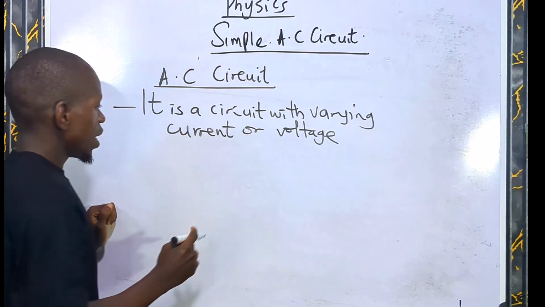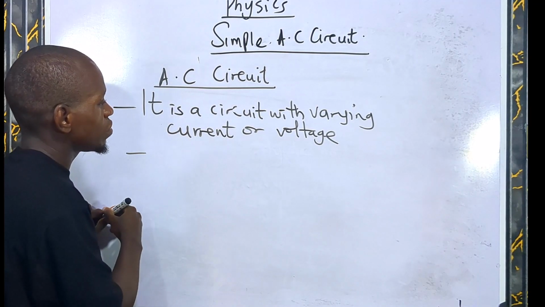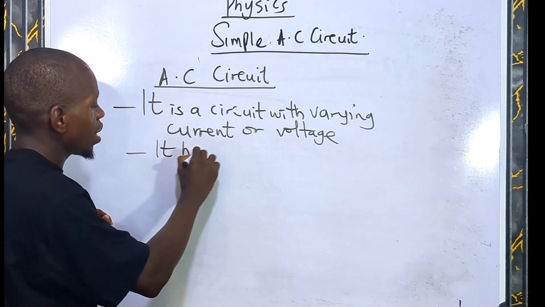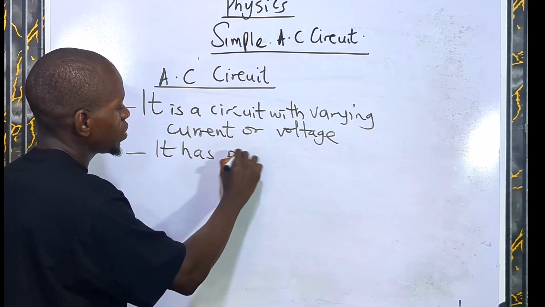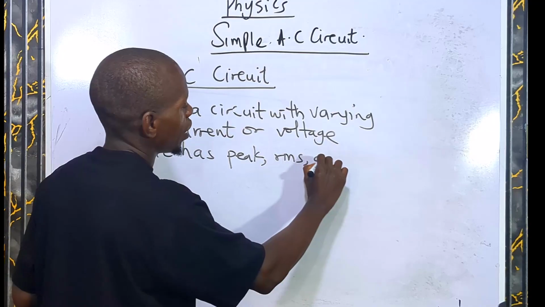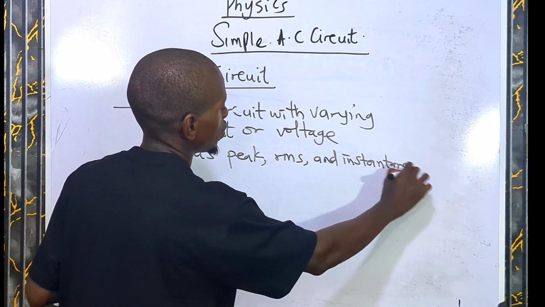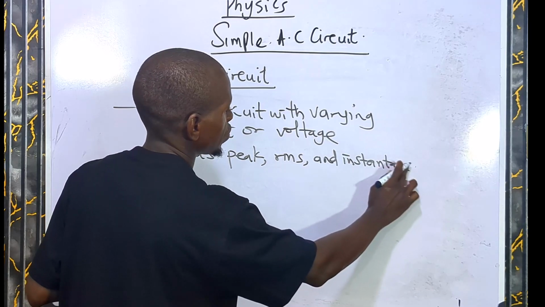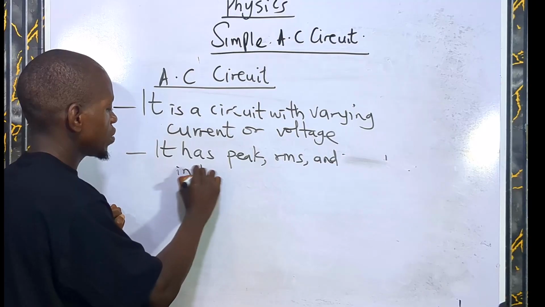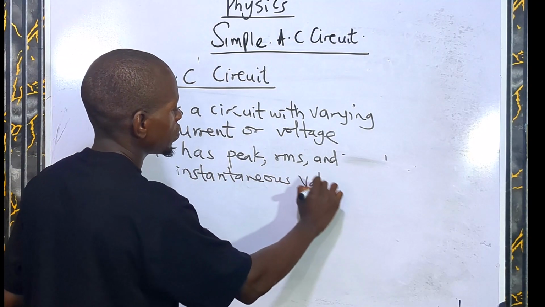Then another one is that an alternating current circuit is a circuit with peak value, root mean square value, and instantaneous value.